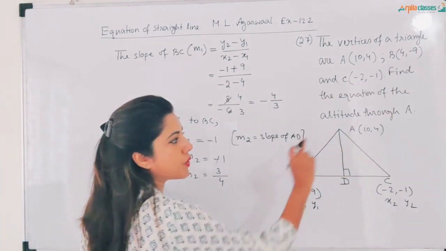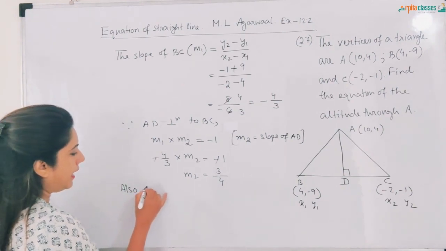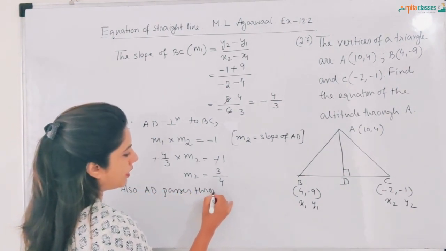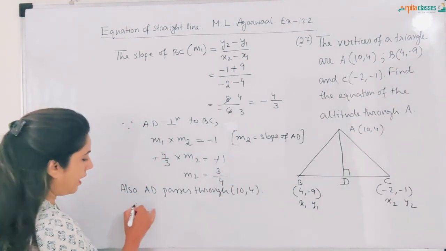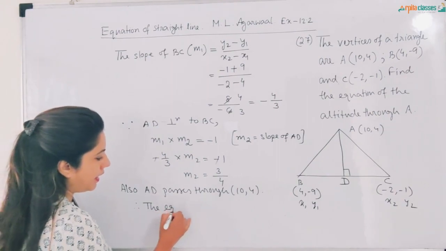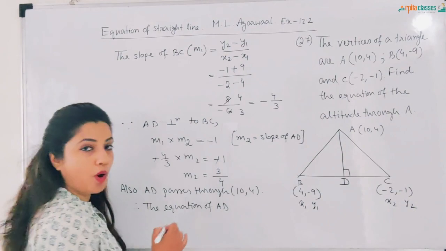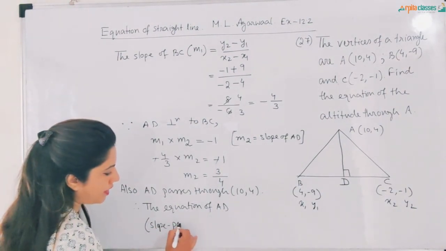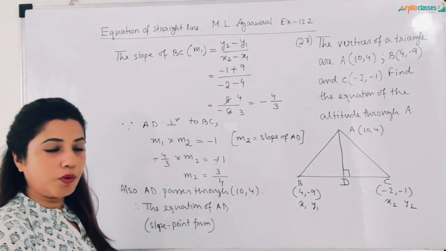Also AD passes through (10, 4). Therefore, the equation of AD, which form are we going to use? Slope point form. First we are going to write down the form.